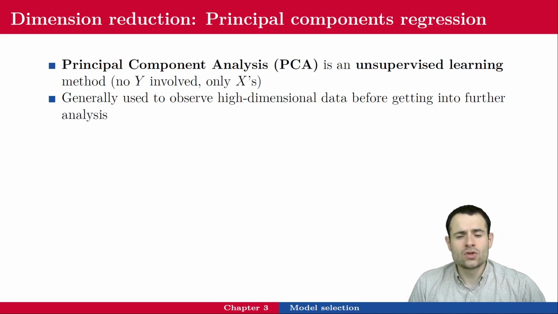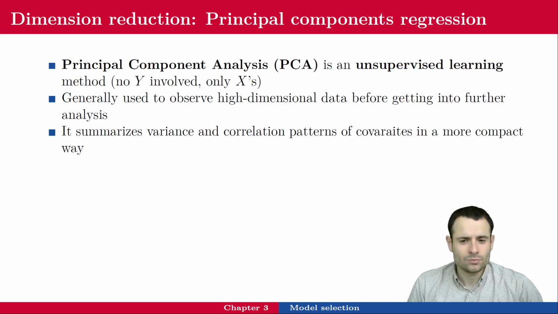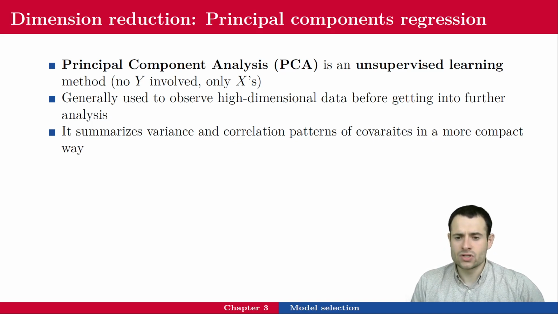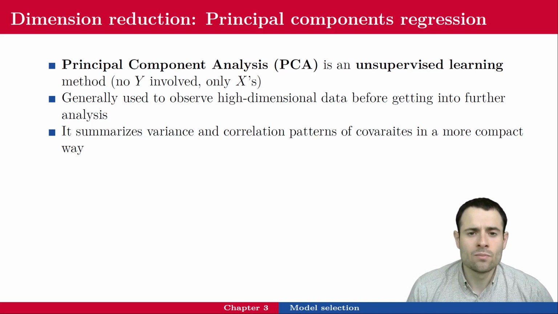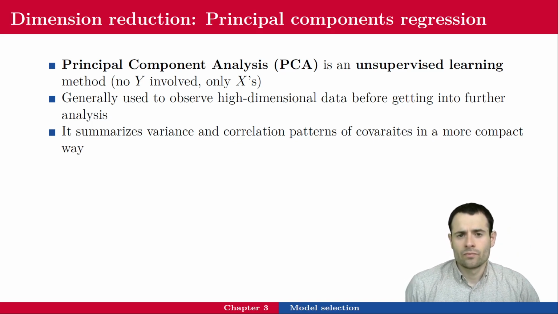So it's usually something we use to observe data before getting into the further analysis, before getting our hands dirty. Mostly what it does, it summarizes variance and correlation patterns of covariates in a more compact way. Correlation and variance are the most important features when it comes to linear regression. In fact, if you go back to the previous lectures, we saw that the OLS formula involves the variance of y and the covariance between x and y, and the variance of x, sorry.